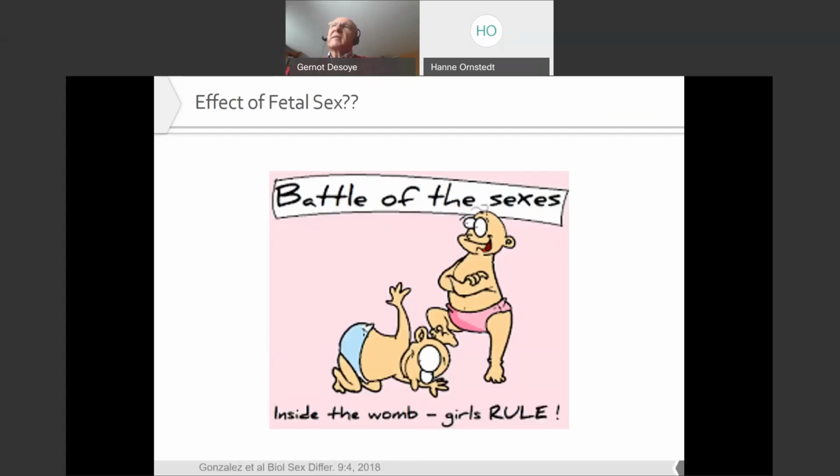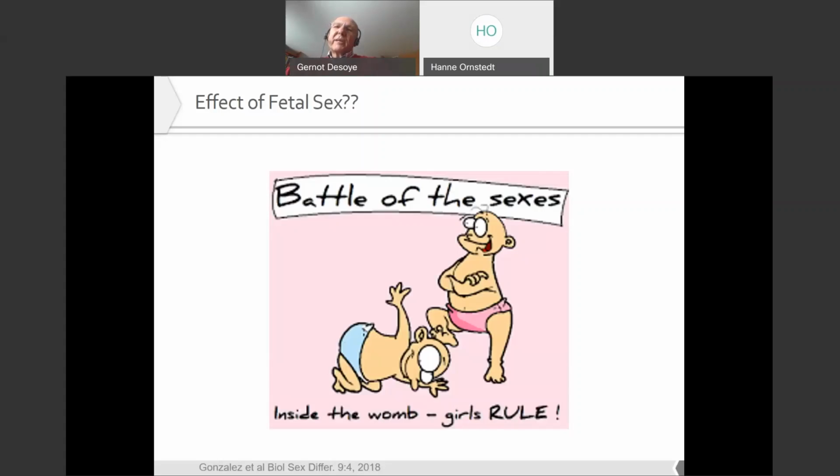We know that the outcome of pregnancies is different between male and female fetuses. And also the placental response to all kinds of environmental perturbations is different depending on the sex of the fetus.